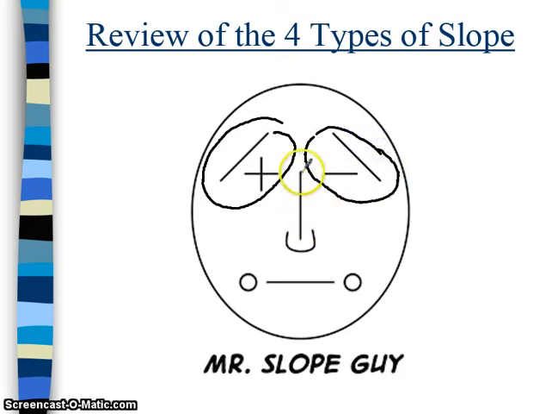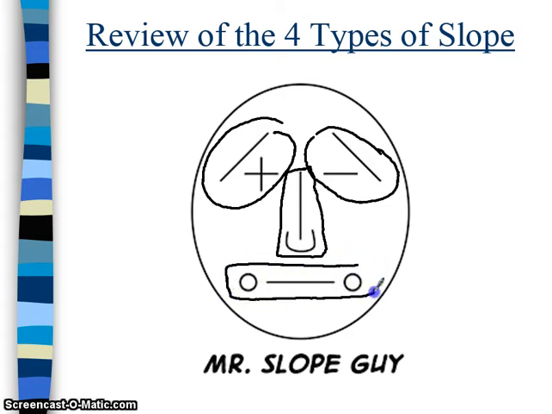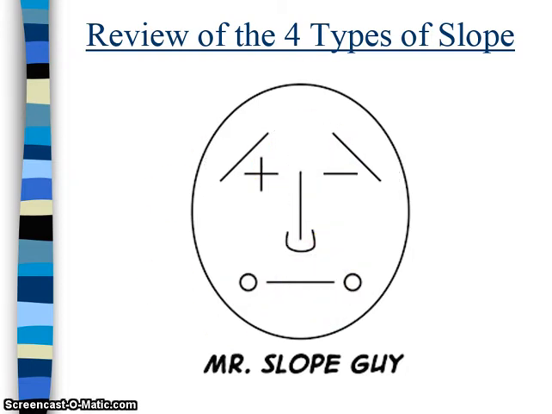Here in the middle, a vertical line is undefined, so you see a U connected to it, so this is the third type that you can find in there. And a horizontal line is equal to 0, a 0 slope. So you can see the 4 types, 1, 2, 3, 4 of slope. So this slope guy can help us today review the 4 types of slope.